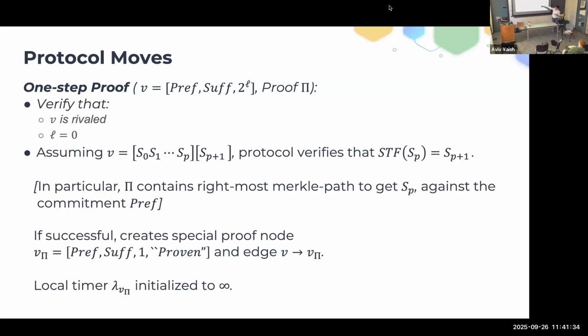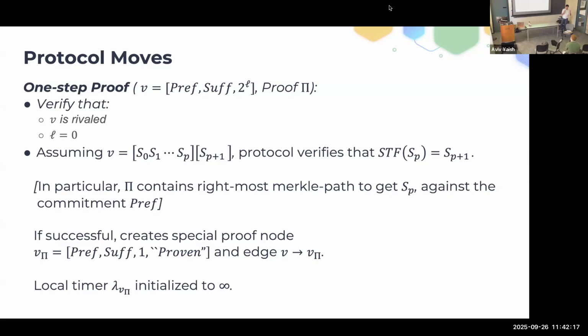It's going to verify that L equals 0, meaning that this is a node that has a claim on a single state. And so assuming that V is this node, what it will verify is that when you run this transition function on the end state of the prefix, you get SP plus 1, which is represented by the self. Okay, this is what it's going to do.